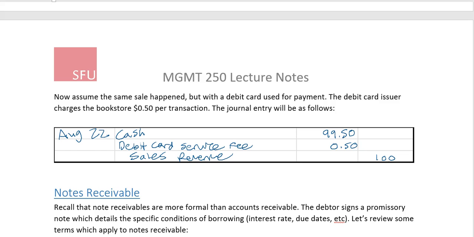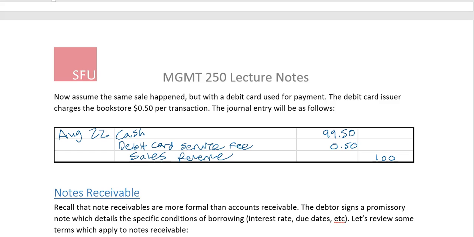So you probably like that in this example. You're thinking, okay, 50 cents, I can live with that on a sale of 100. It beats paying $2. But imagine if the sale wasn't that big. Imagine if it was a $5 sale. Then 50 cents is 10% going away.